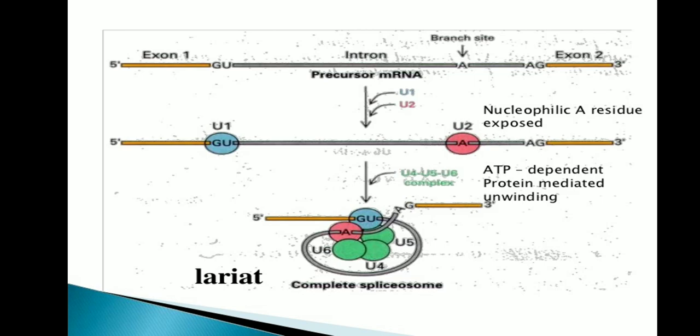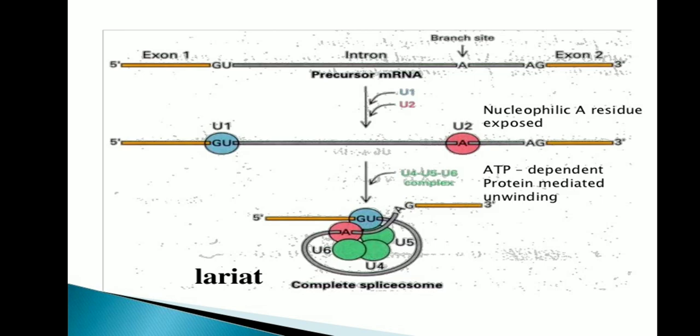The 5 prime and 3 prime splice sites and the branch sequences are recognized by components of the splicing apparatus, which assemble to form a large complex called the spliceosome.